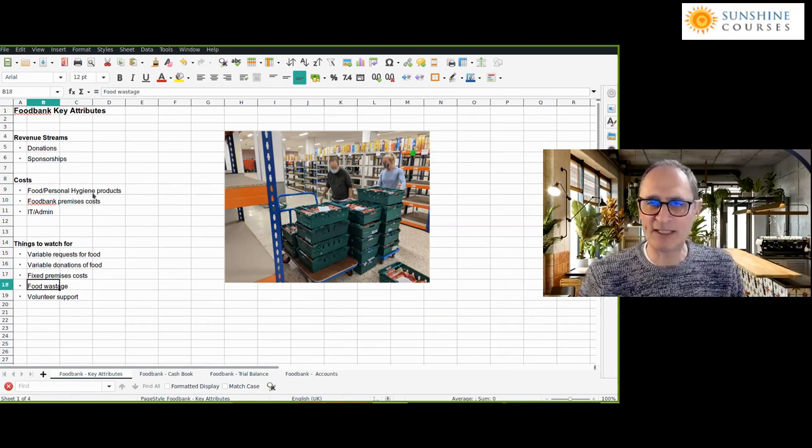We also have wastage we need to worry about. How much does that wastage cost? And quite a lot of our effort is involved in stopping wastage altogether. So as it happens, we've got quite good procedures. Luckily at the Maidenhead Food Bank, we don't have wastage. But as a food bank, as an accountant, we want to draw attention to what's going on in wastage if the clients don't know about it, because that's a critical aspect.